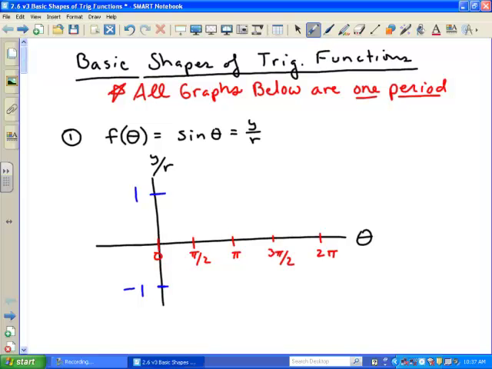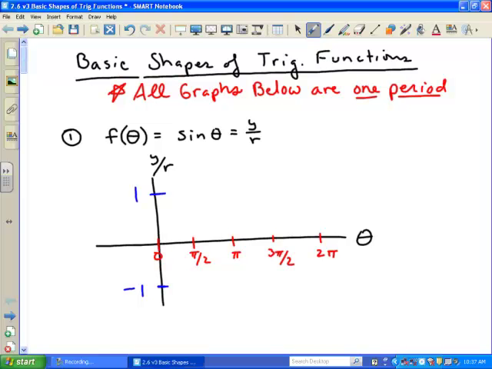Pi over 2 we know is 90 degrees, and so I'm breaking up the interval from 0 to 2 pi into equal pieces by using 90 degree measures. So I have 0, pi over 2, which is 90, pi, which is 180, 3 pi over 2, which is 270, and then 2 pi, which is 360.